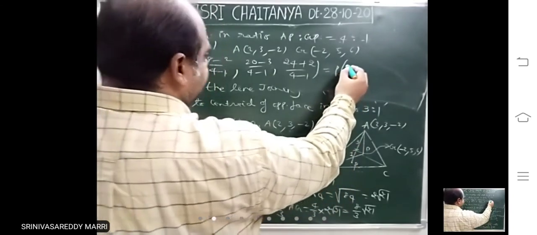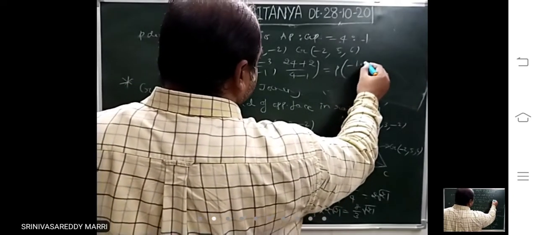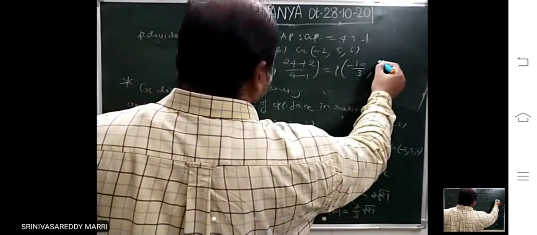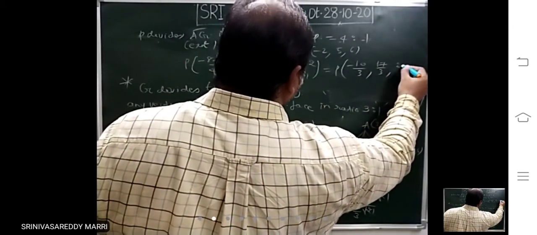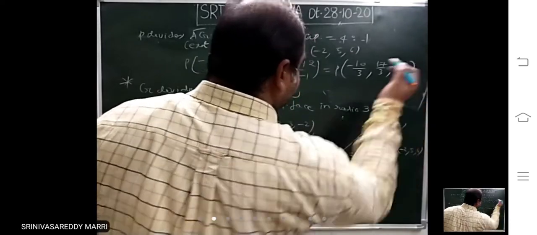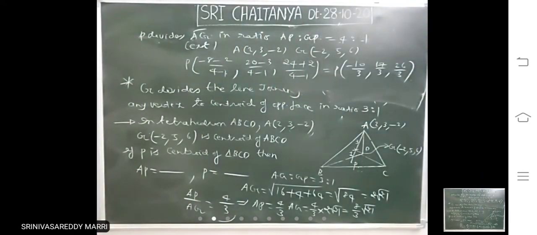That means P point is nothing but -10 by 3, 17 by 3, 26 by 3. That is the P point.